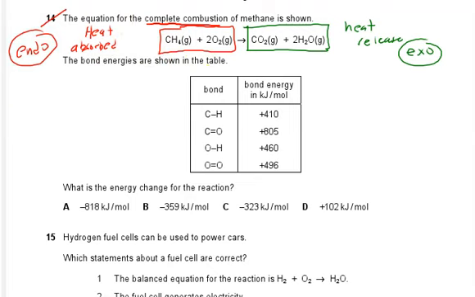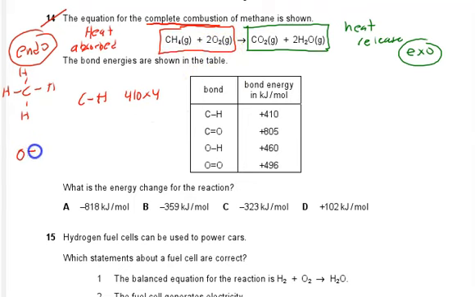Now let us calculate. They have a methane. Methane is this. So they will have H here, H here. So they have C and H, 410 multiplied with 4. They have 4 bondings. And let us look at oxygen.